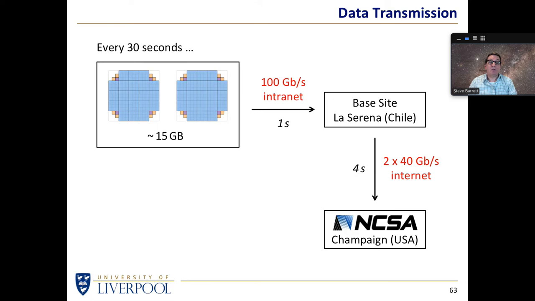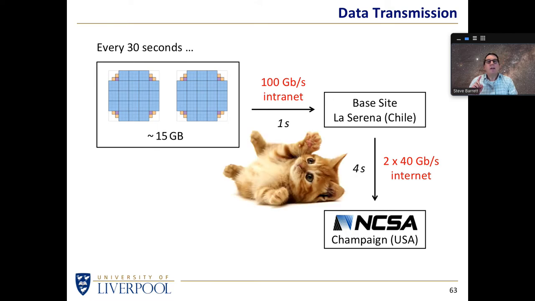Most of these videos, I'm told, include cats. Now, if you could somehow stop the cat videos from going down your internet link, if you put basically a cat filter on your internet connection, you can get gigabytes sent from A to B in seconds.